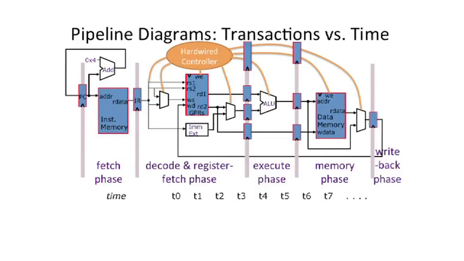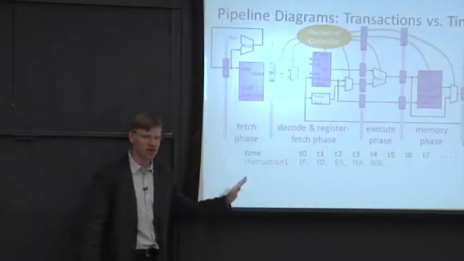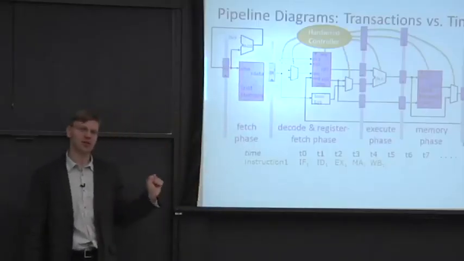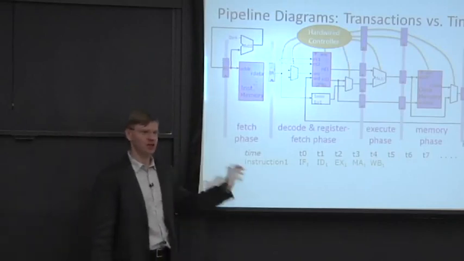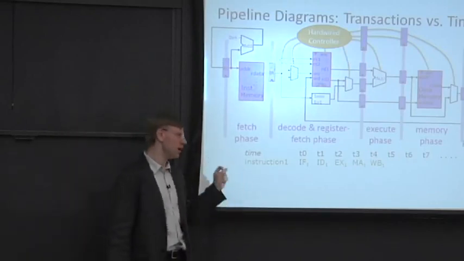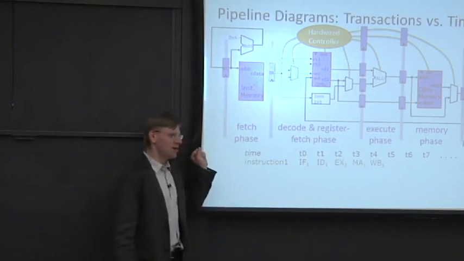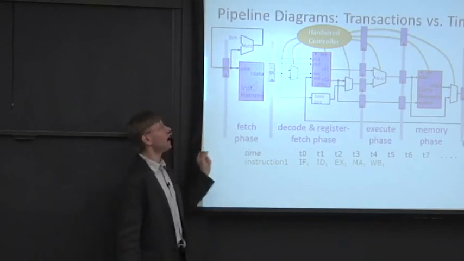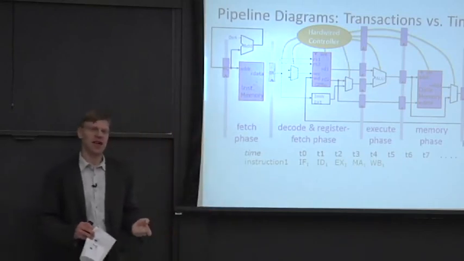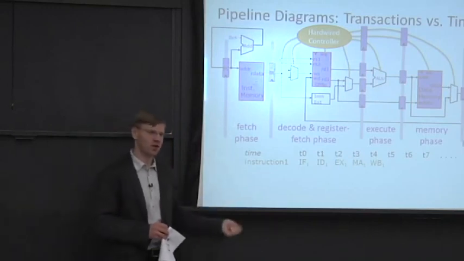Right now we'll look at an idealized pipeline with idealized instructions. We'll soon be looking at non-ideal pipelines where there are dependencies between the different instructions. And this slide is really important for this class. If you don't understand this, go back and watch this again, because understanding pipeline diagrams is going to be key to this class, and being able to draw these yourself is going to be very, very important.